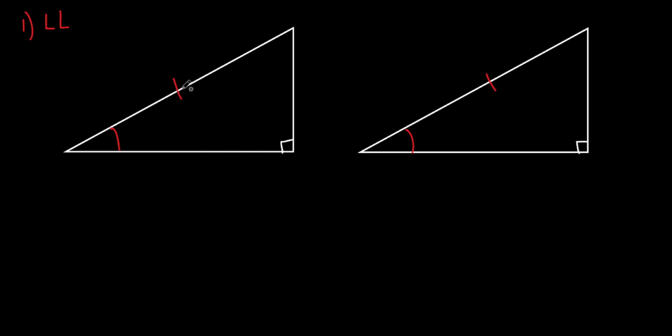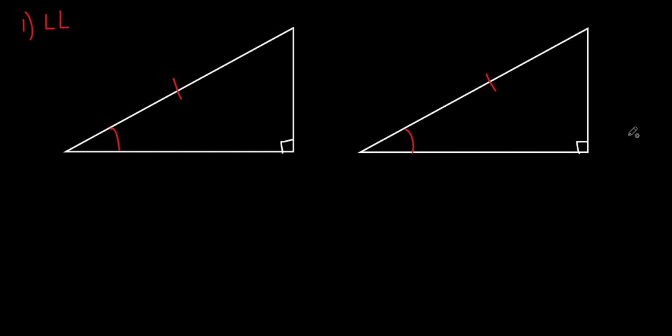What I'm saying is, let's not use the right triangle. Let's pretend they're not right triangles, but you do know that these are equal to each other. You could say they're congruent because of angle, angle, side, couldn't you? But they are right triangles, so we have a special name for it. So what do I have? I have a hypotenuse equaling a hypotenuse, and I have an angle equaling another angle.